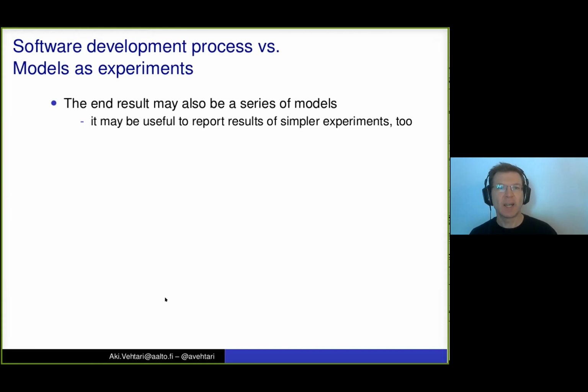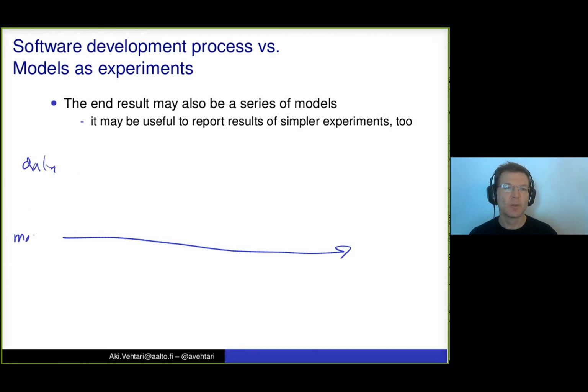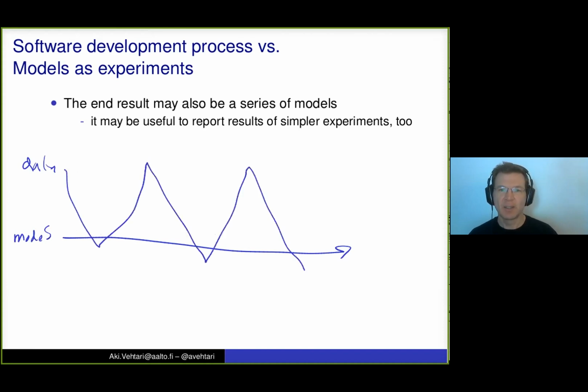It's also that the end result may be a series of models, so if we think about the advancement in knowledge and the data and models, and then go further, like in the Box diagram, it is also possible that we want to actually report these different models.